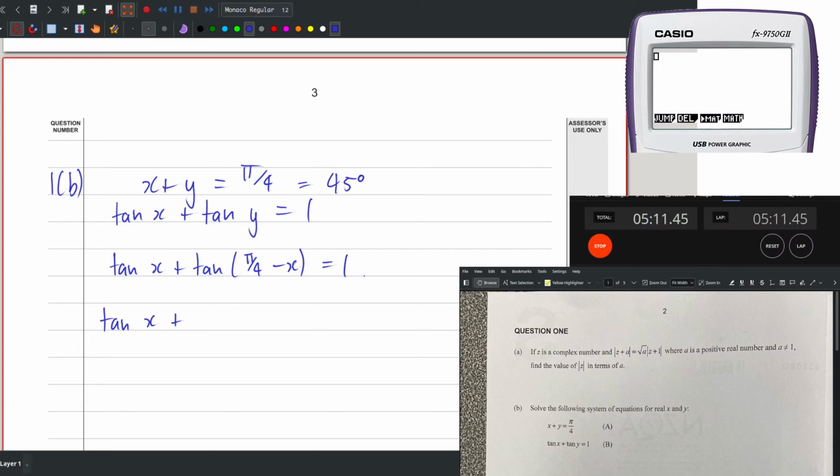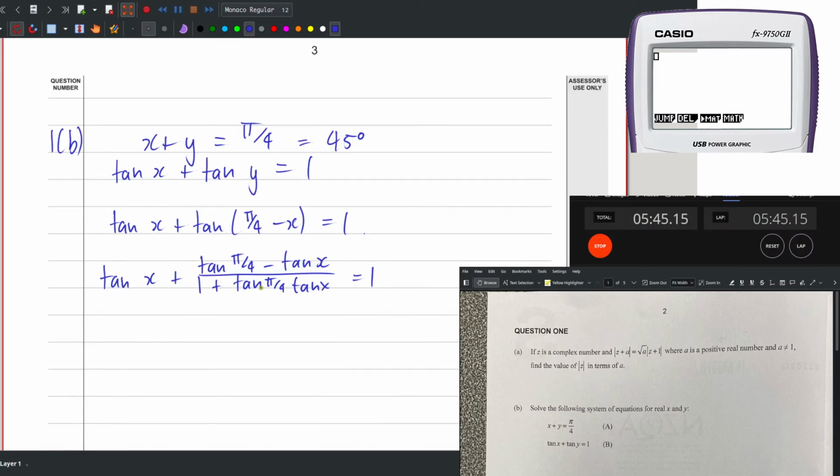Let me just check the Scholarship formula sheet real quick. Okay, they do. So this is minus, right? So we want tan pi on 4 minus tan x over 1 plus tan pi on 4 tan x equals 1. I guess. So now you just have everything in terms of tan x, right?